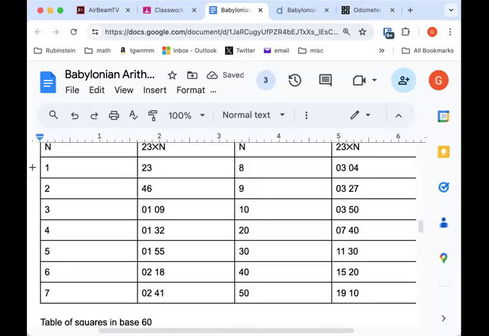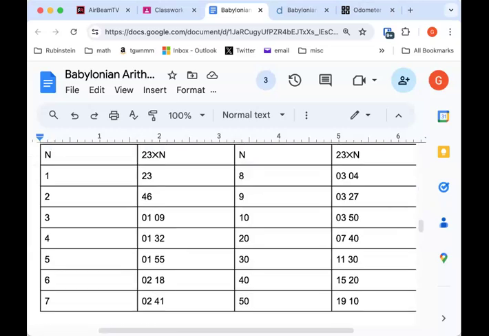It looks like that. Now they would have to have, believe it or not, 59 of these tablets, one for each number from 1 to 59. So let me show you how you use this chart to do 23 times 24.